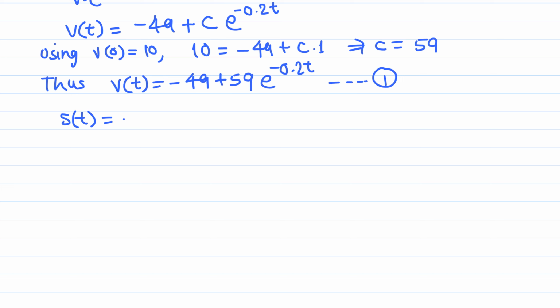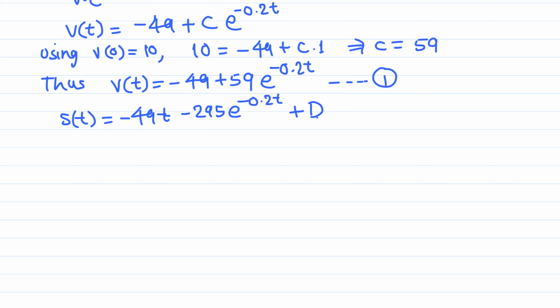Negative 49 gives negative 49t. And for the exponential function, it is itself divided by negative 0.2. So 59 divided by negative 0.2 gives negative 295, so it will be negative 295 e raised to negative 0.2 t, plus a constant of integration.